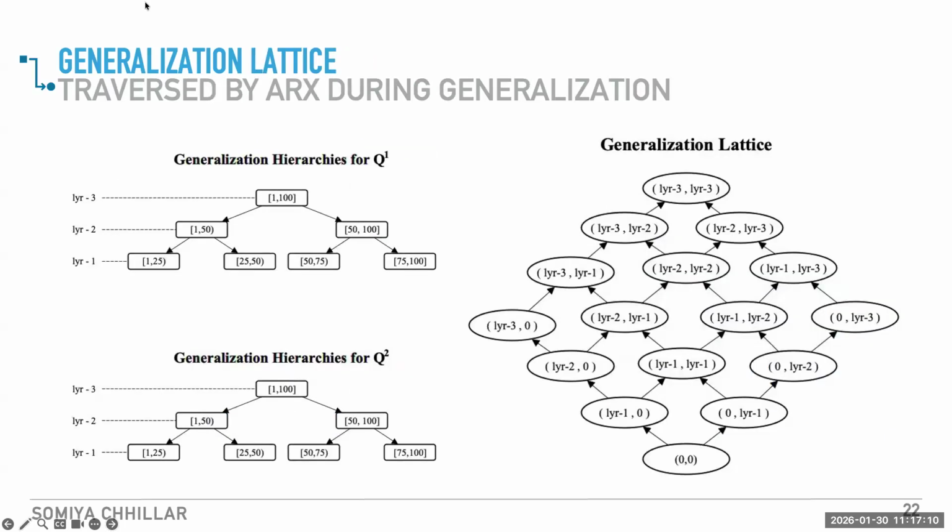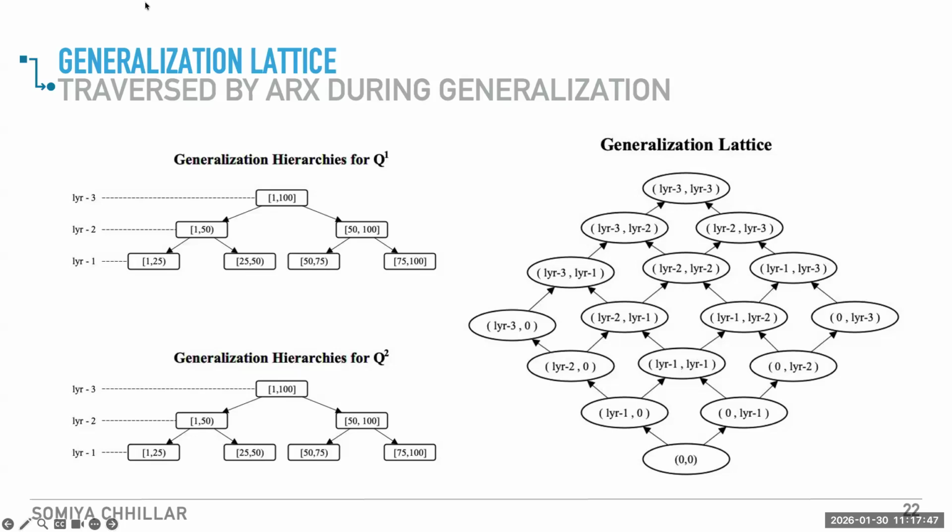All right, so we've understood what a generalization hierarchy is, what k-anonymization is. This is a new data structure that the ARX algorithm introduces itself. So we know what a generalization hierarchy is, and the ARX algorithm doesn't generalize one attribute at a time. It will generalize all attributes of the data set together. So we need to look at the combination of the generalization hierarchies, and that's exactly what the generalization lattice does.